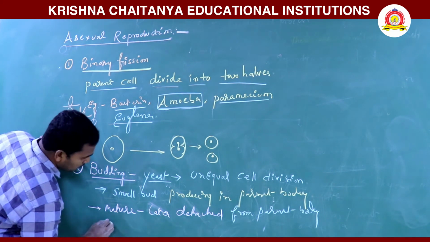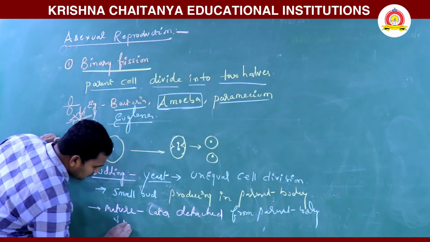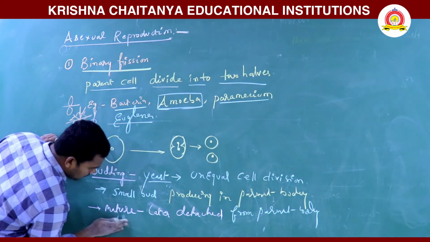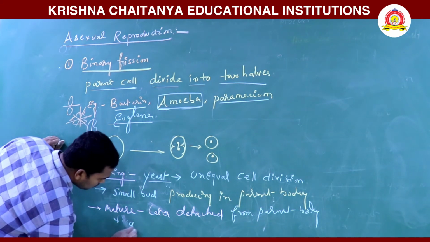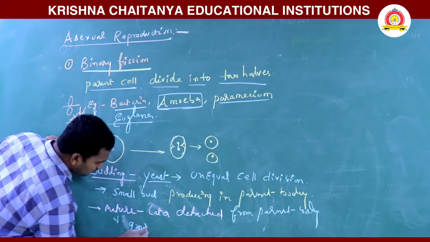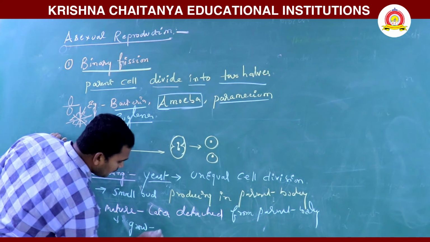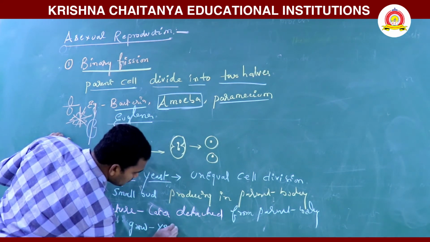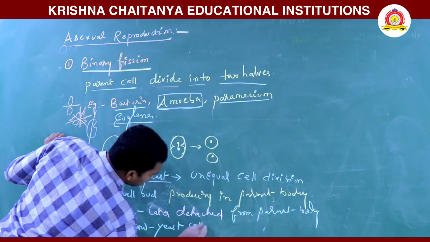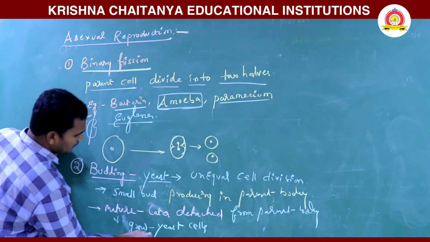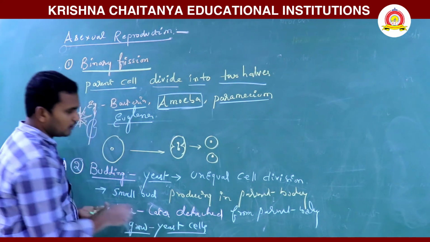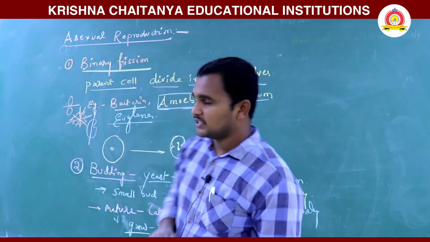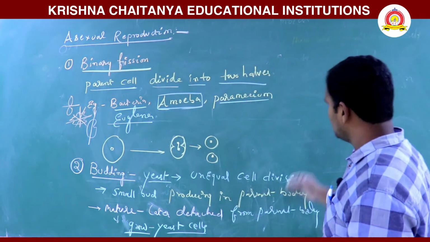It is detached from the parent cell and grows individually as yeast cells. I mean a new yeast cell is formed. So individually it is growing.